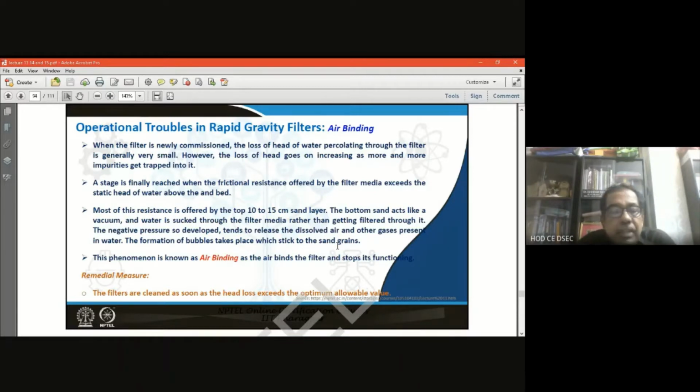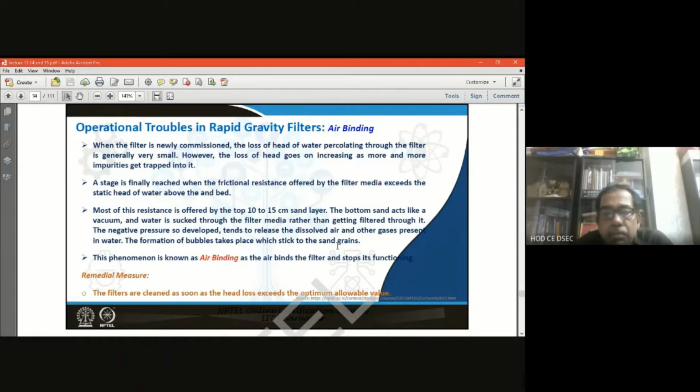The bottom sand then acts like a vacuum, because water cannot percolate to the bottom, and the water is sucked into the filter media rather than getting filtered through it.